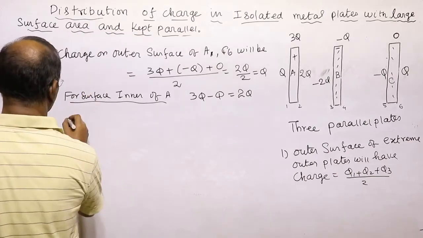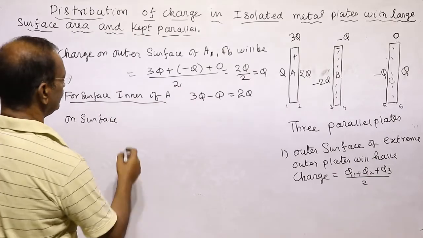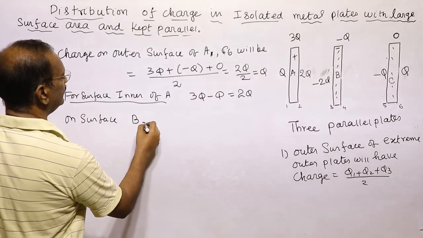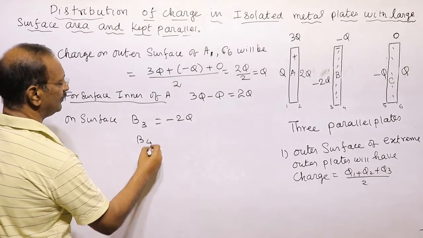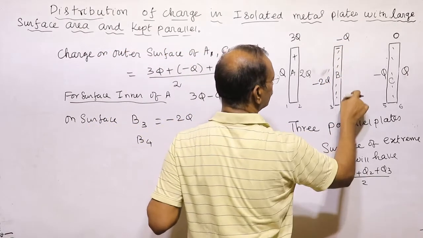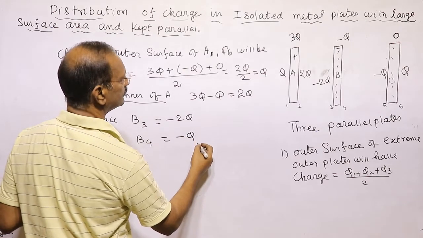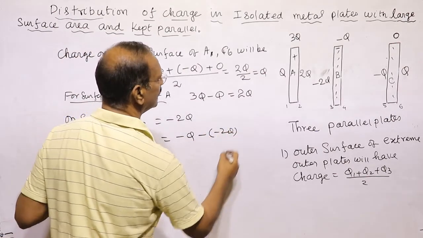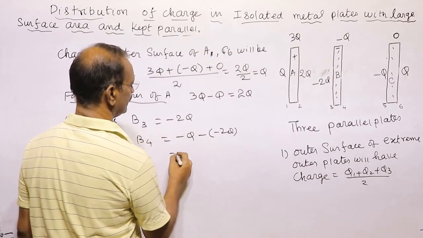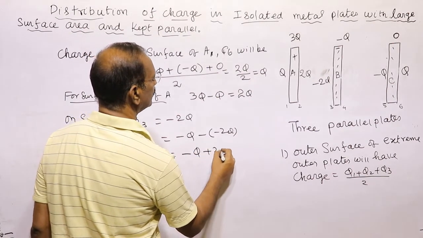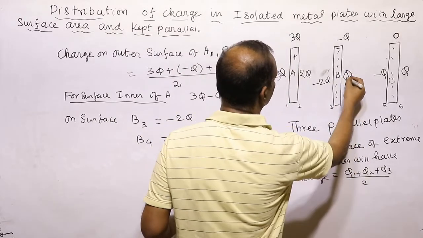So on surface B in the side D, it is equal to minus 2q, and on the fourth surface, B4, how much will it have? It is equal to minus q minus of minus 2q, because this charge minus this charge will be the charge here. Minus q plus 2q is equal to plus q. So this will be plus q.